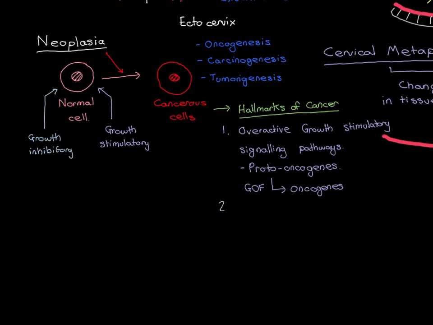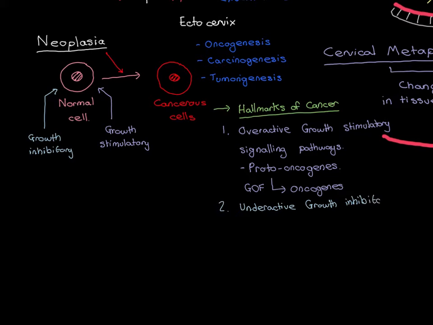Okay, so next up, hallmark number 2 is going to be that cancerous cells have underactive growth inhibitory signaling pathways. So underactive, and I'll write this out in full, underactive growth inhibitory signaling pathways.